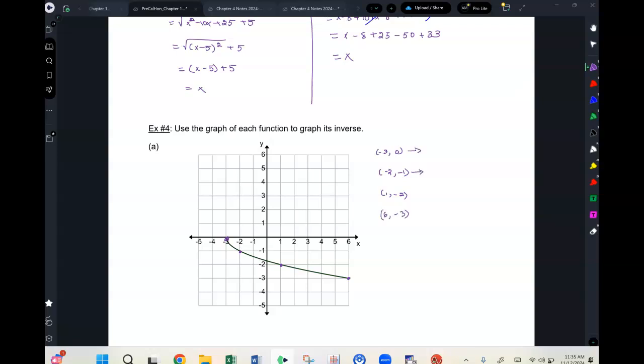For each of them, you swap x and y, right? So 0, -3. -1, -2. -2, 1. -3, 6.